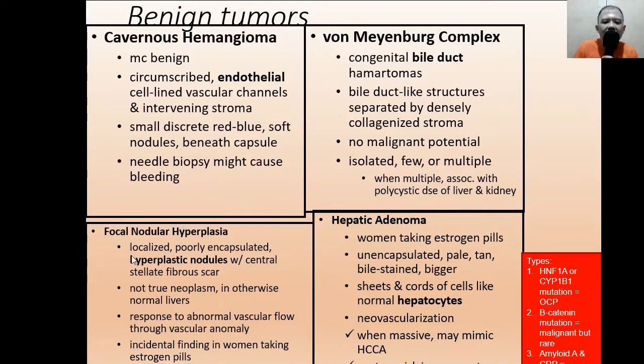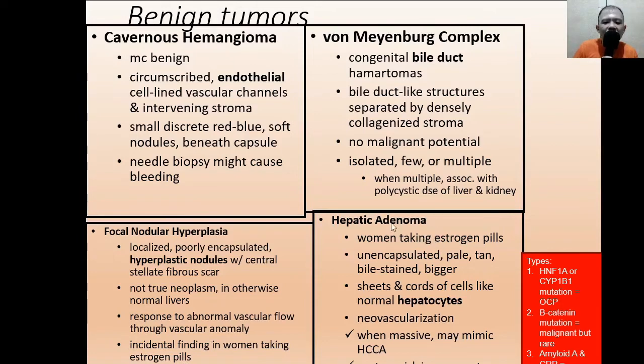Focal nodular hyperplasia is very much similar to cirrhosis since you have hyperplastic nodules. It's an incidental finding in women taking estrogen pills. Another tumor is a hepatic adenoma.